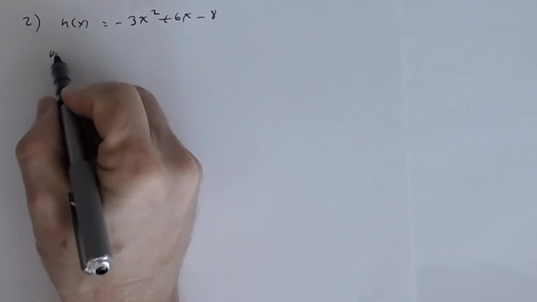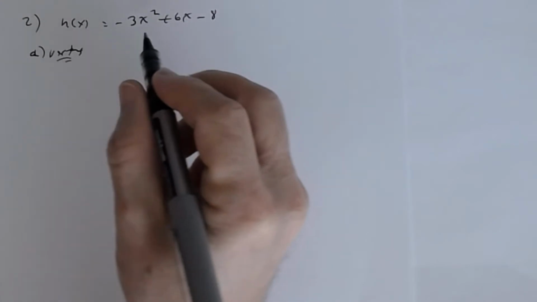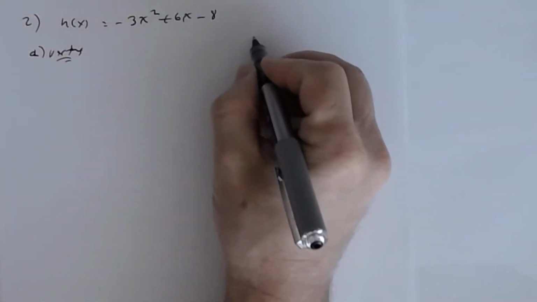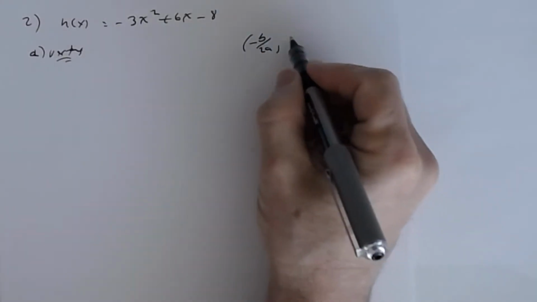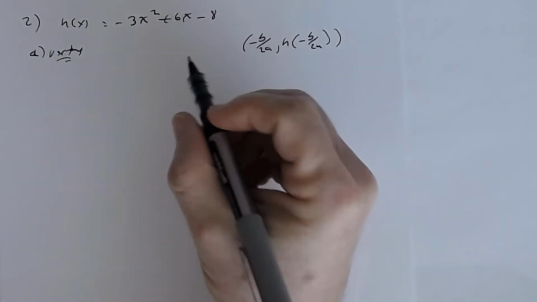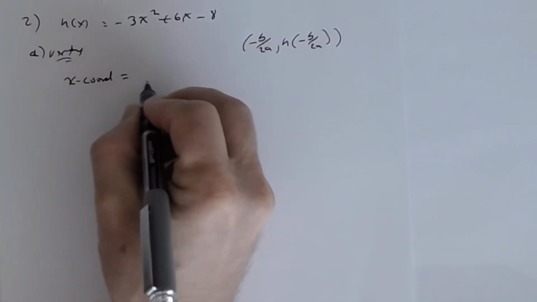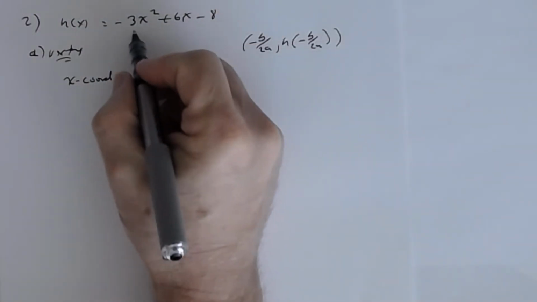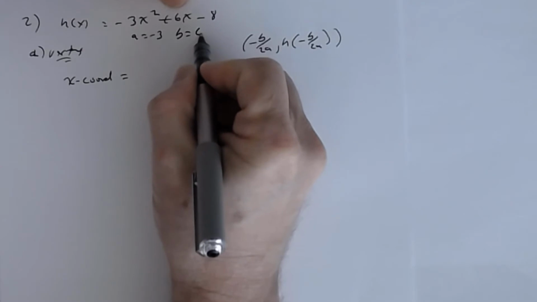And then I want you to find the vertex. So again, we're going to use the vertex formula. That's letter A. So the vertex, remember, is negative b divided by 2a, and then h of negative b divided by 2a. So that'll give us a vertex. The x-coordinate of the vertex will equal, in this case, notice that a is -3 and b is 6.